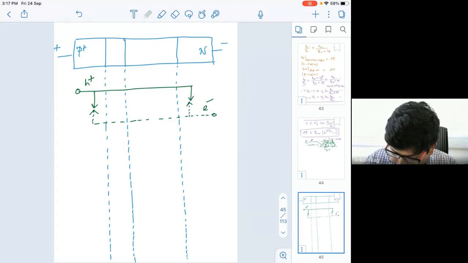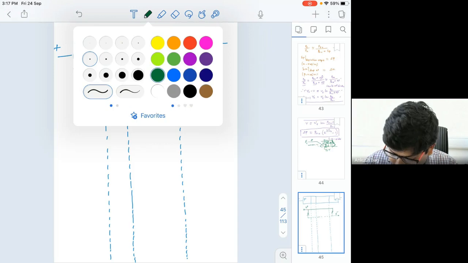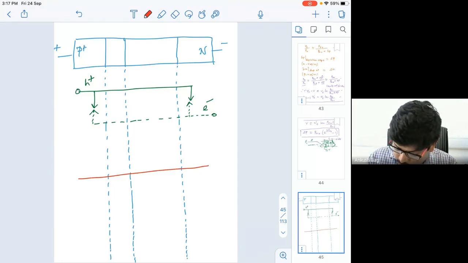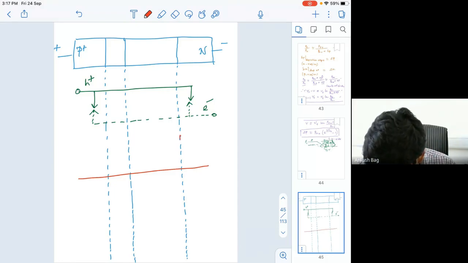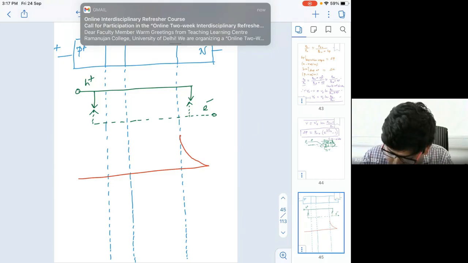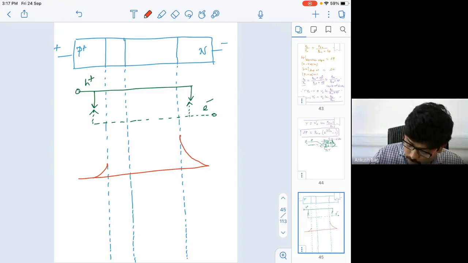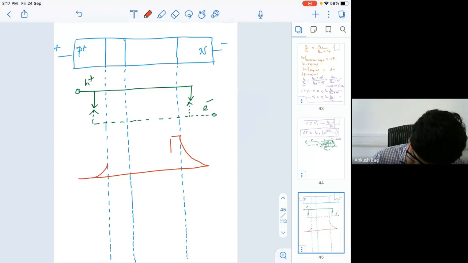We'll have this kind of variation. This is the del P. And this is your del N. This is the minority carrier concentration in linear scale.